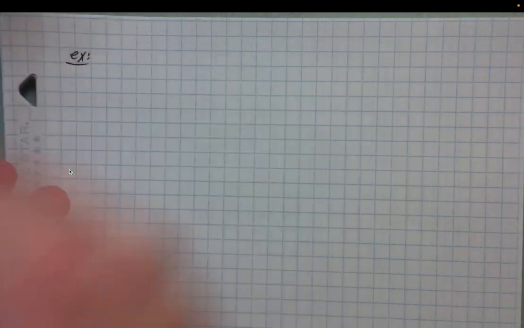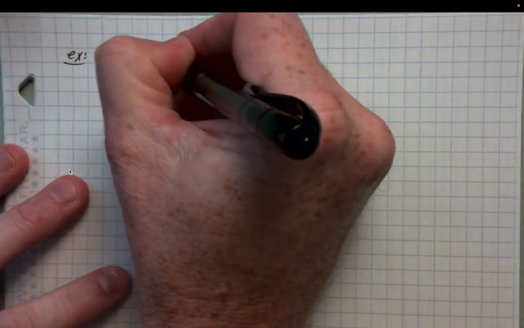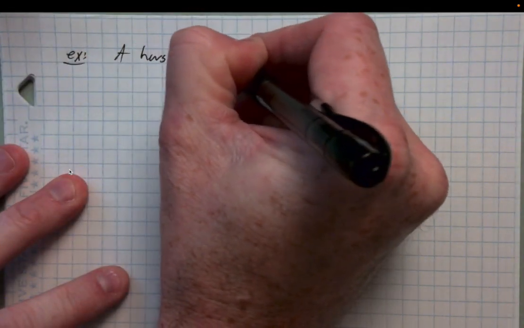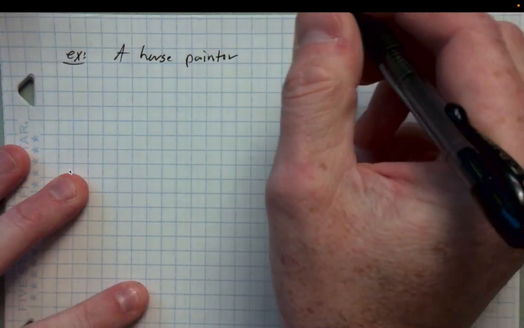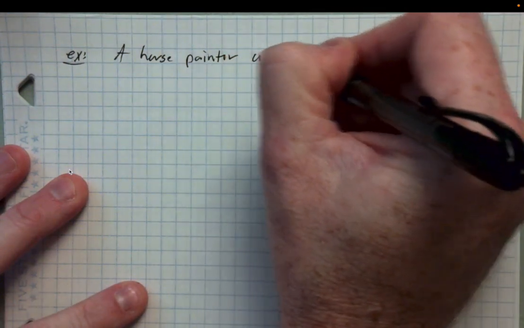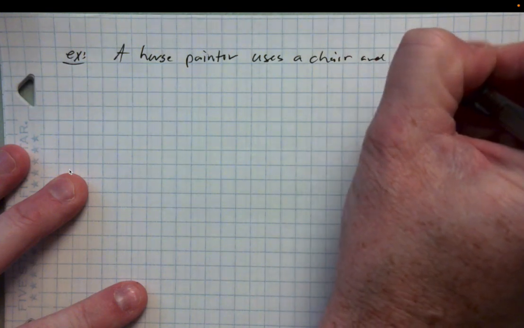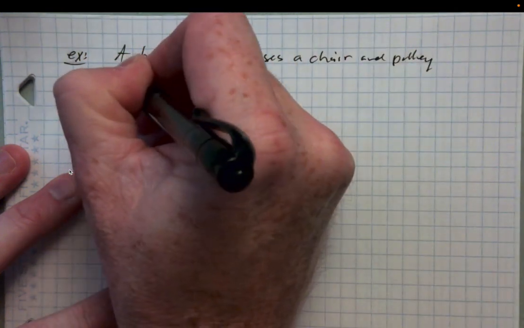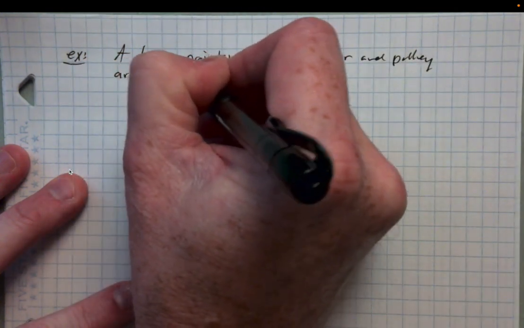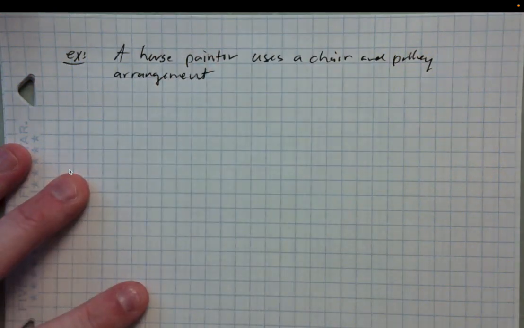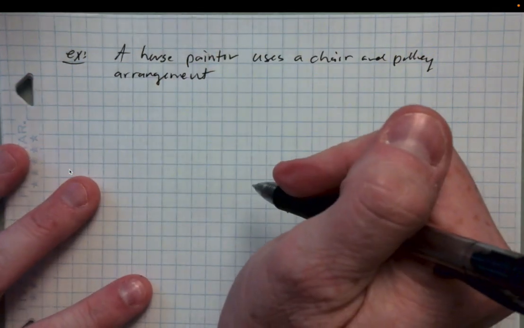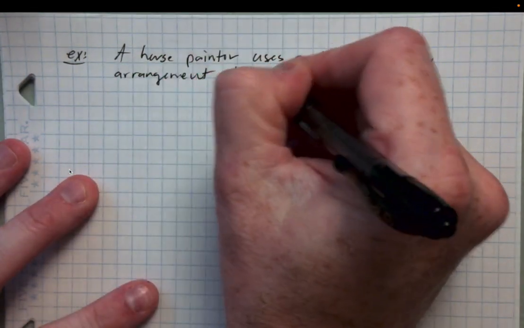So this one is going to involve a house painter and some contraption that he's designed, that he built, that he uses to climb up the side of the house. A house painter uses a chair and pulley arrangement to lift himself up the side of a house.